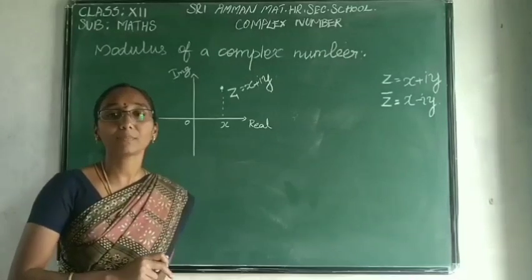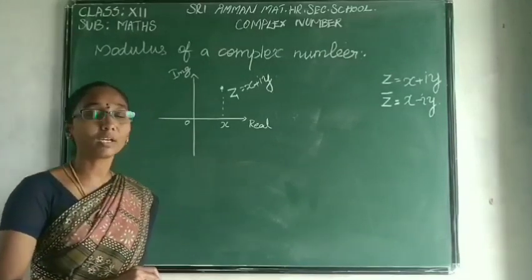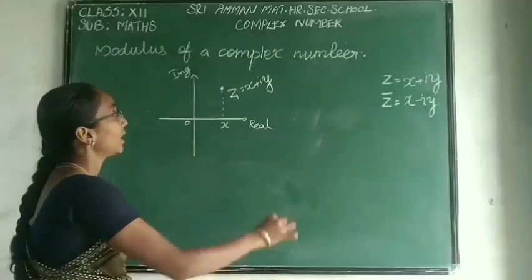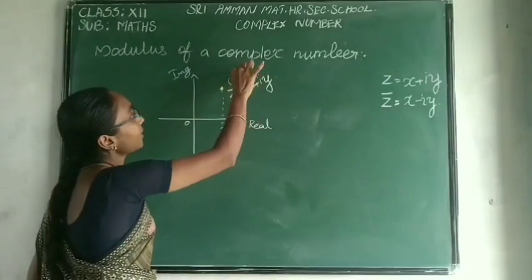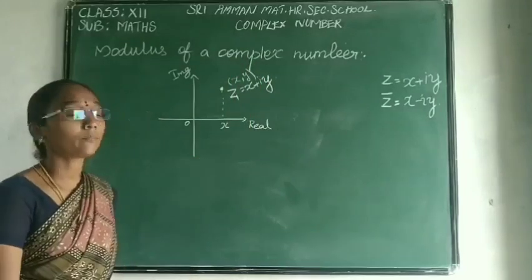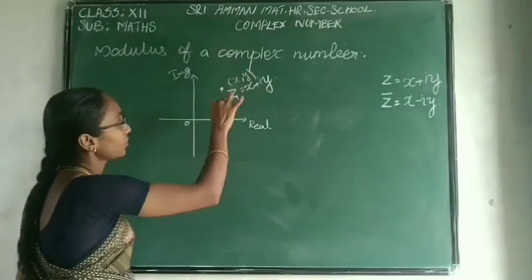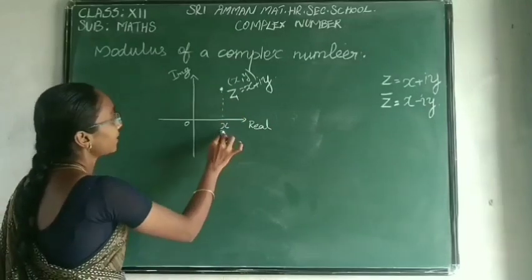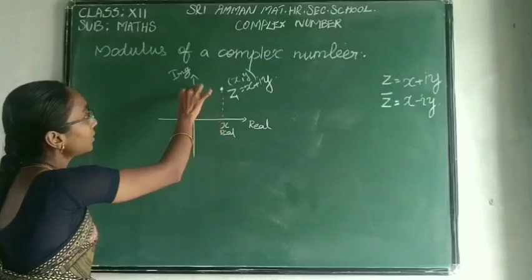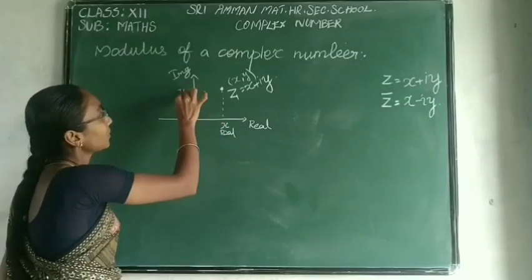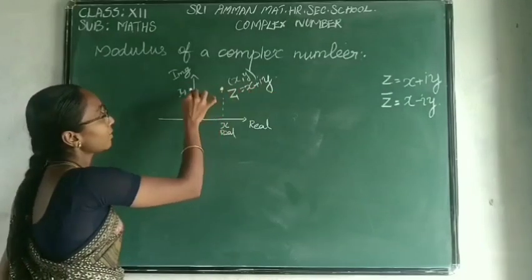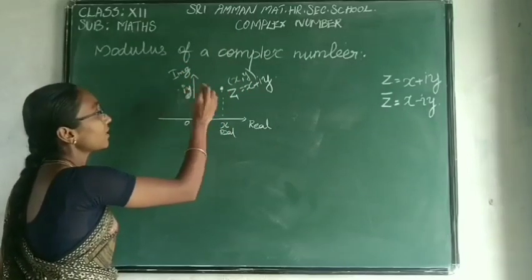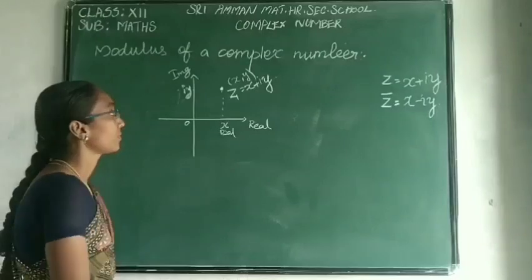In this way we represent the complex number. So here Z equals x plus iy, which is considered as the point (x, y). In this position the real part is x, and here the imaginary part is y, so this is iy.